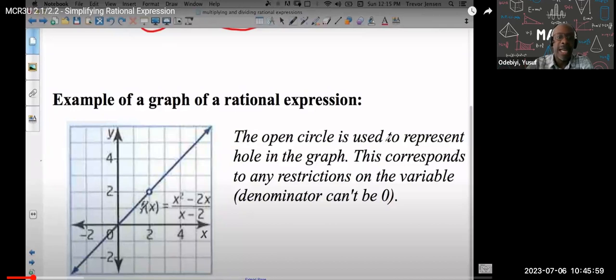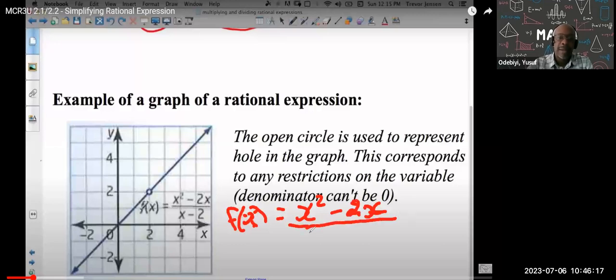So f of x equals x squared minus 2x divided by x minus 2.